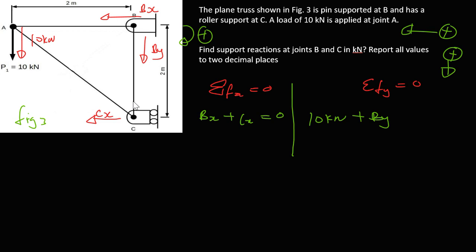We have already recorded By, we have no other y here. Then that also should equal 0. From here we can get our By to equal negative 10 kilonewtons, right? Negative 10 kilonewtons.